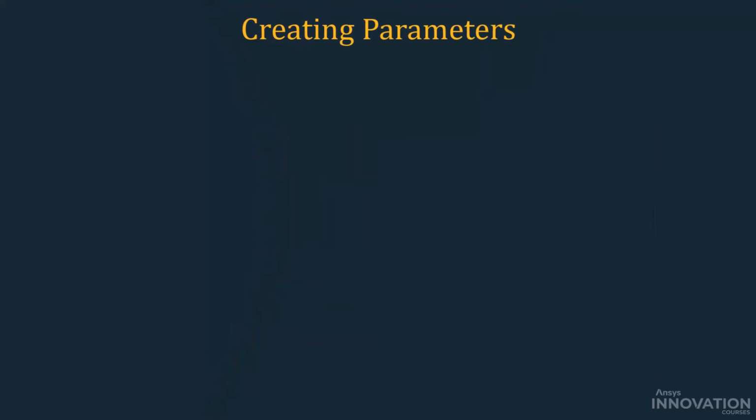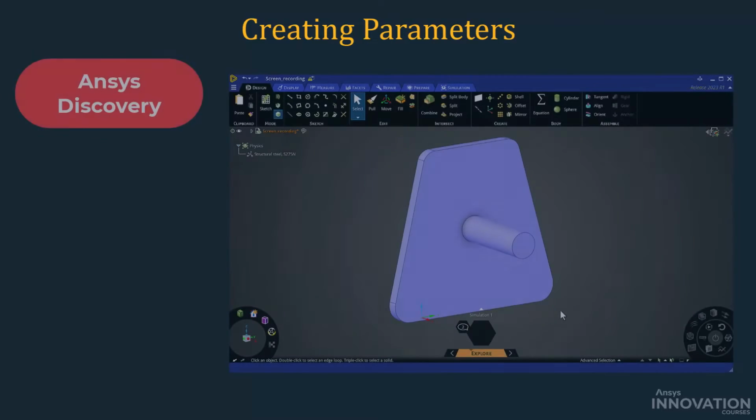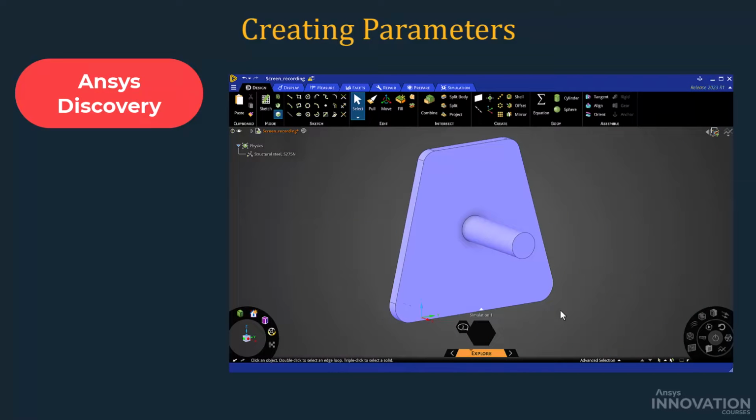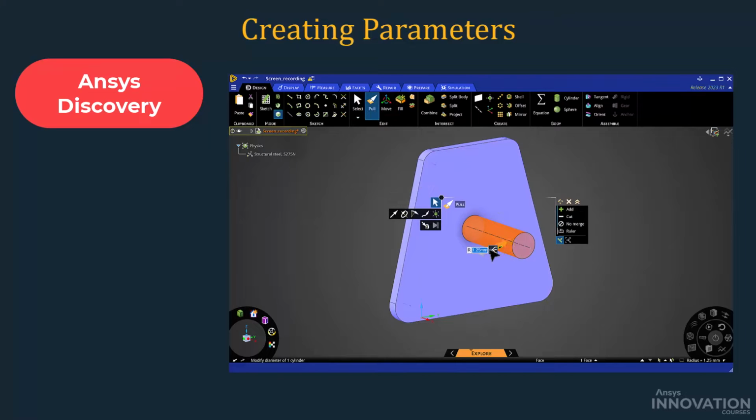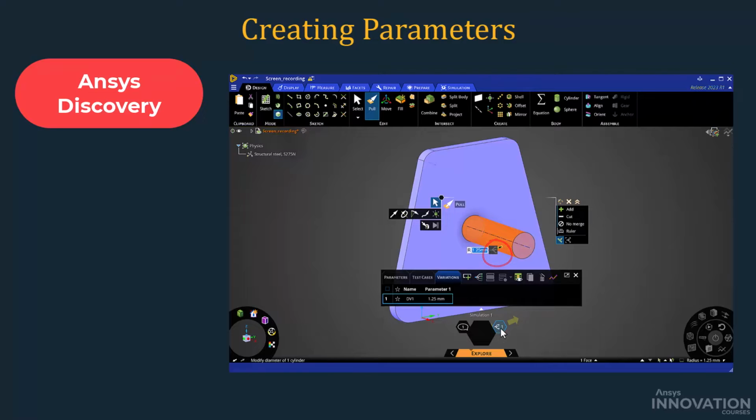It is easy to define parameters in Ansys Discovery and Ansys Mechanical. In Ansys Discovery, we can define parameters using the pull and the move tools. There are two ways to do this. The first method is clicking on the pull tool, selecting a surface, and then clicking on this symbol. We can see that the radius of the cylinder has been added as a parameter.